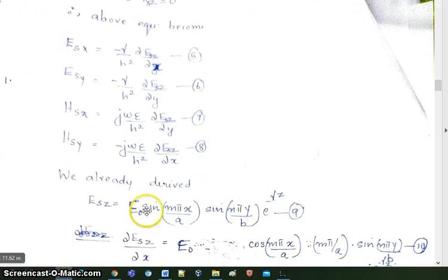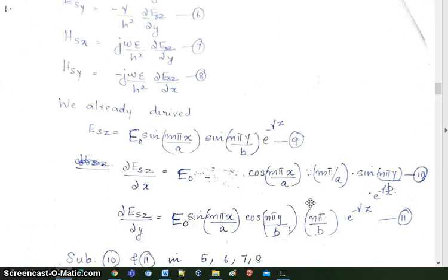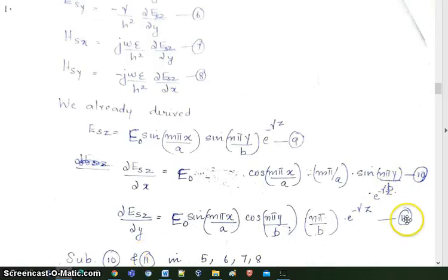Also we have derived the expression for ESZ, that is equal to E naught sin m pi x by a into sin n pi y by b exponential minus gamma z, that is equation 9. Now in the next step, I am going to differentiate this equation 9 with respect to x and with respect to y, that is my equations 10 and 11.